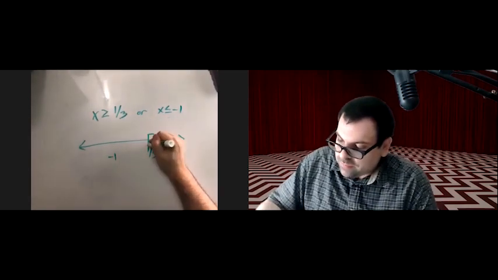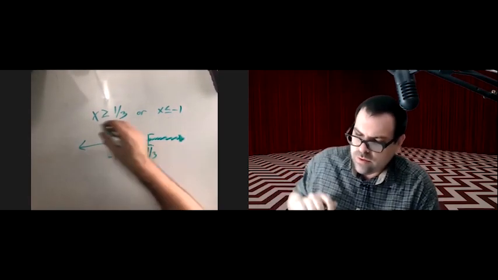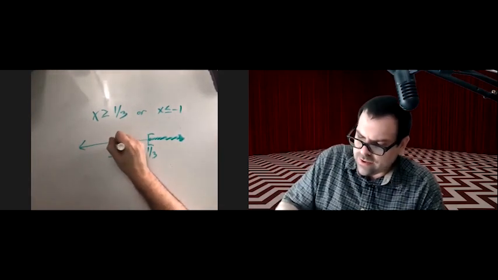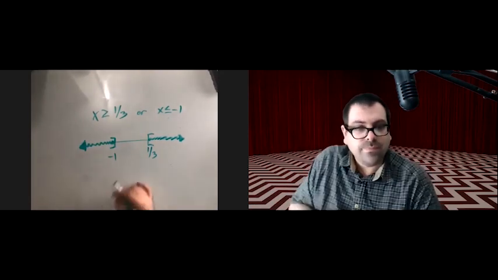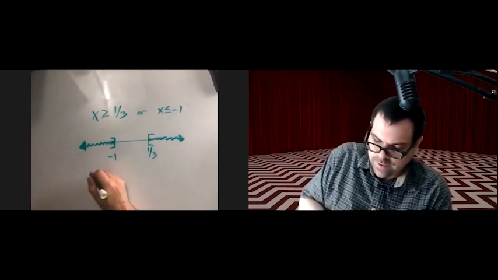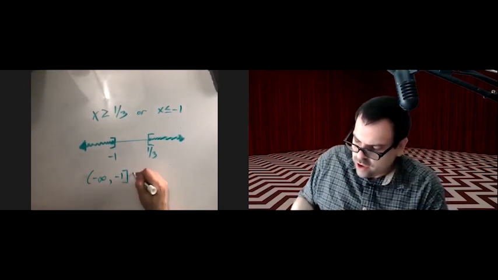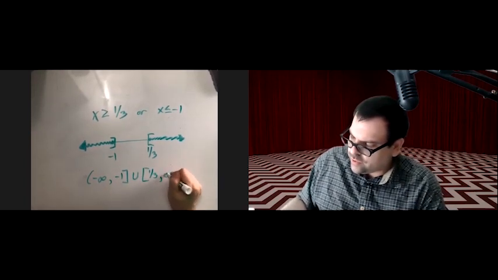We would have square brackets for our equal to, and we're greater than or equal to 1/3, or we are less than or equal to negative 1. So negative infinity to negative 1, union 1/3 to infinity.